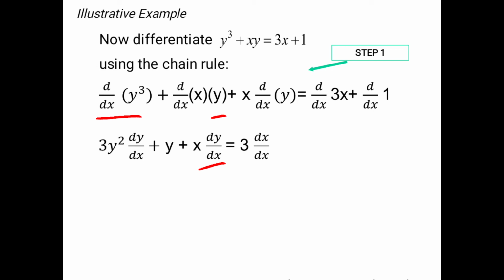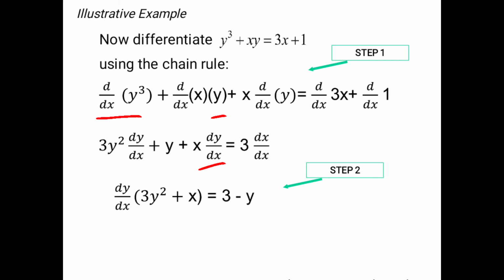And the next step that we're going to do is we remove this dx over dx. And then here, this y, we are going to transpose it to the right side of the equation, and it will become negative y.